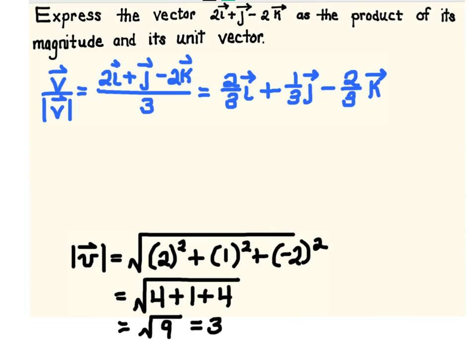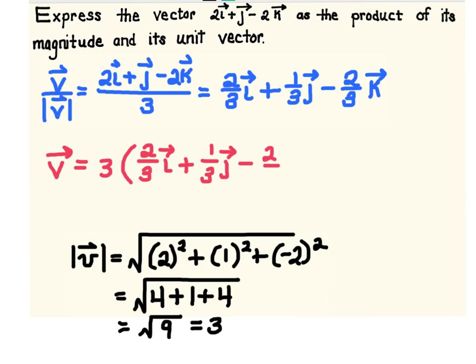So now we express the vector v as a product of its magnitude and its unit vector. It is 3, which is the magnitude, and its unit vector is 2/3 in the i direction, plus 1/3 in the j direction, minus 2/3 in the k direction, and this is the answer to this question.